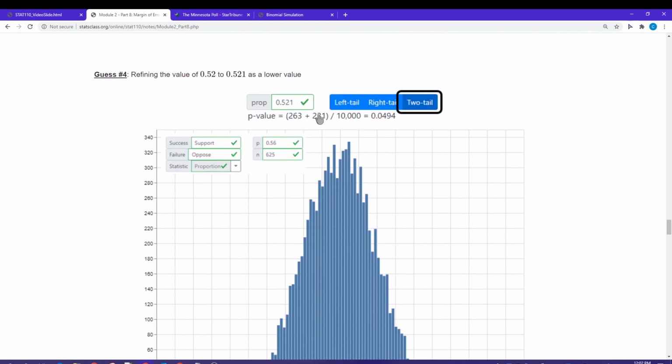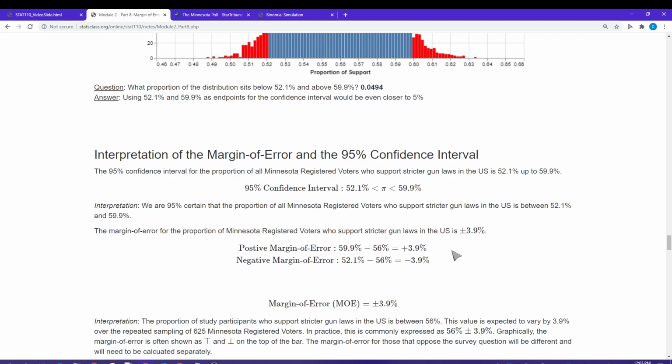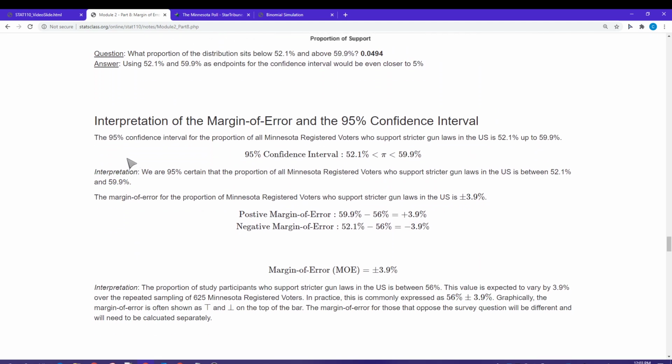So that gives me a very close truncation of about 5% of the distribution. So that's how I obtain the 95% confidence interval. The 95% confidence interval is going to go from my lower endpoint, 52.1%, up through my upper endpoint, which was 59.9%.